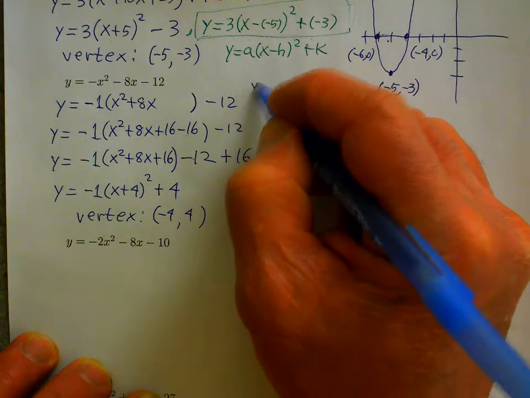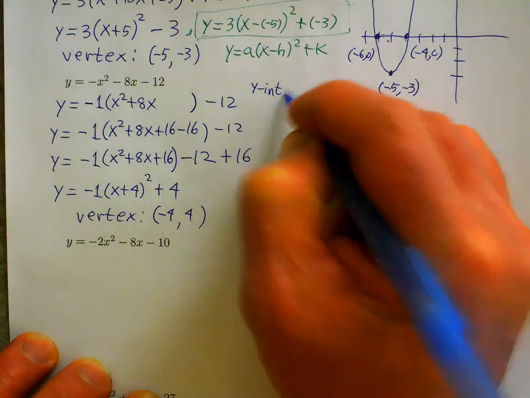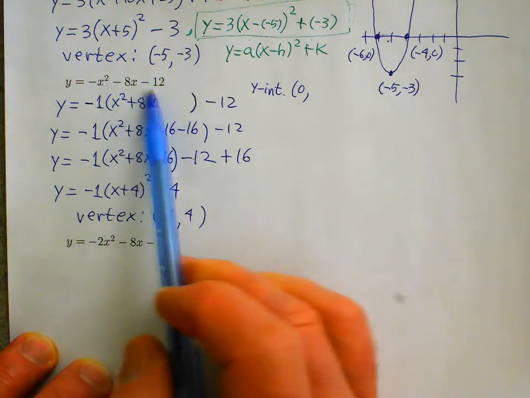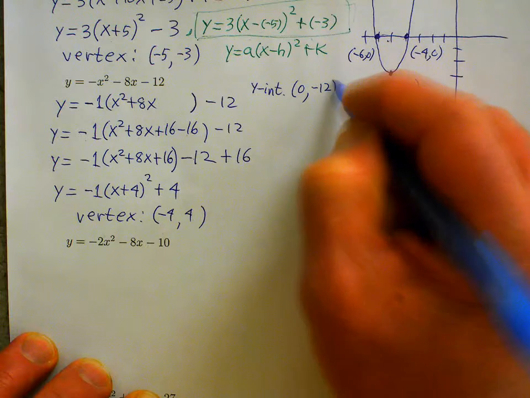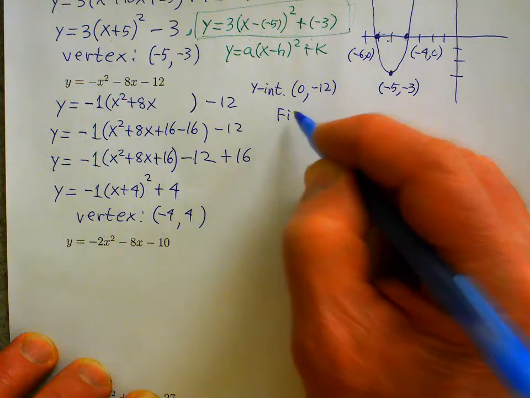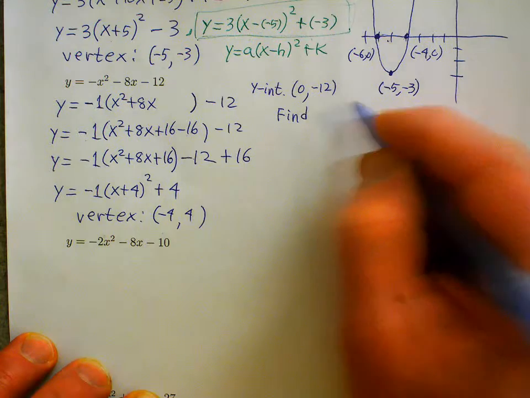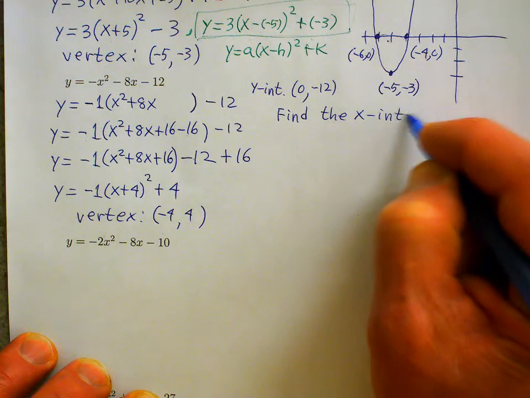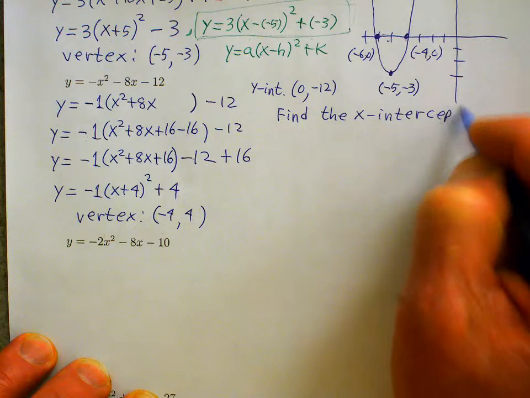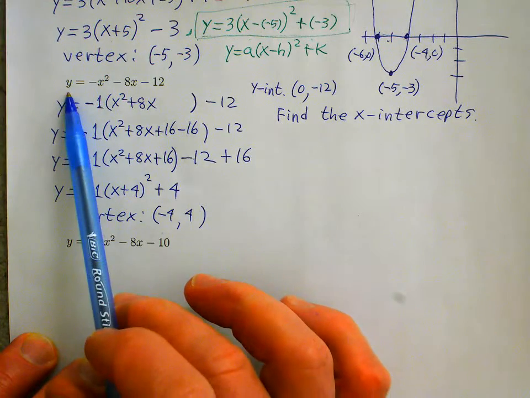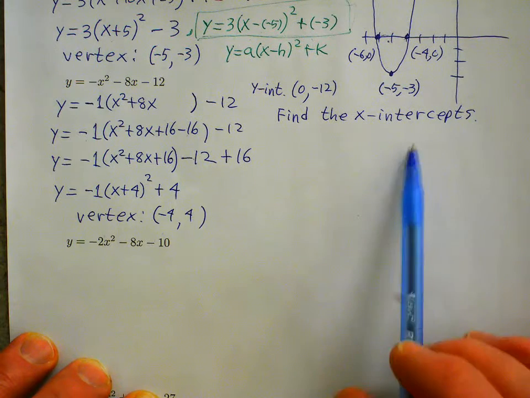Okay, let's find the y-intercept first. When x is 0, the y-coordinate is -12. And then find the x-intercepts. So in general, replace y with 0 and then solve for x.